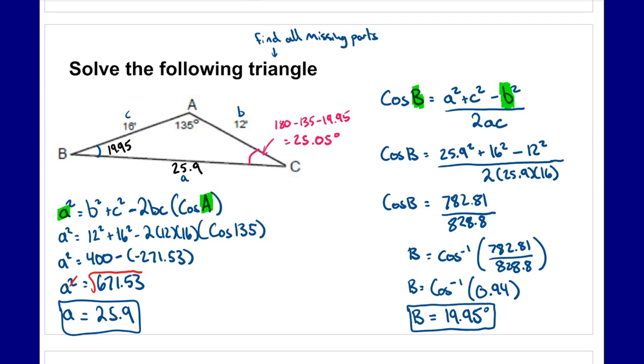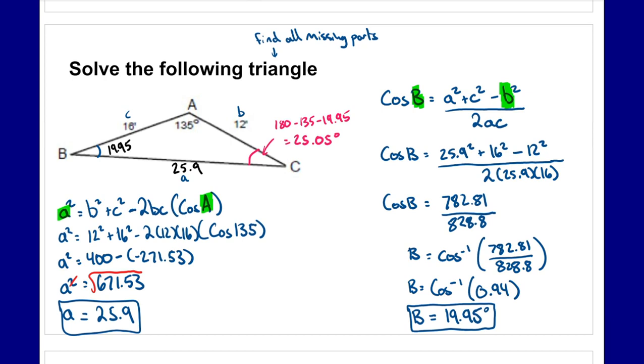So very similar to sine law, when you solve the following triangle, there is a point where we really only need to find one angle, assuming that we're given one, and then we can use the idea of all angles adding up to 180 in a triangle to find the missing one. So really you only have to use the law twice. And we've solved the following triangle because we have information now for every single side.